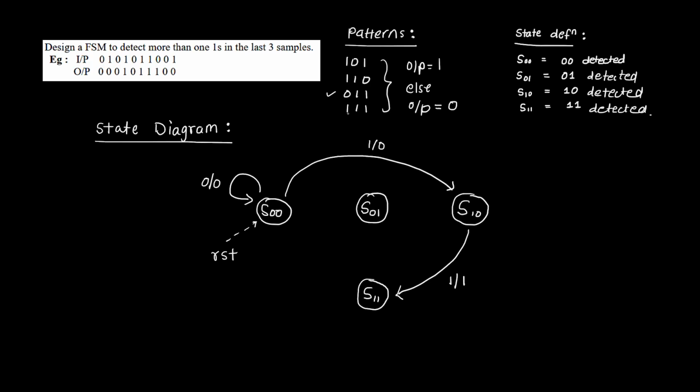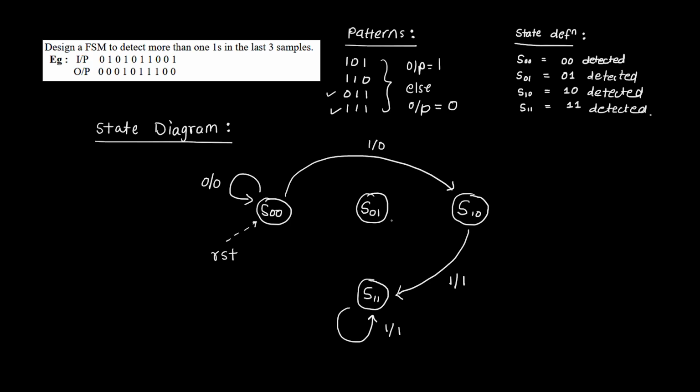Next is 1, 1, and another 1 will make us transition to the same state, because it will still be 1, 1 detected. So the output will be 1 here.